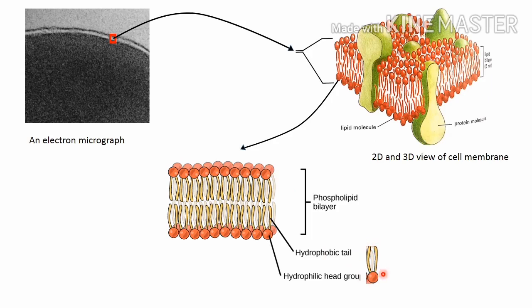This is one phospholipid molecule, and when a number of phospholipid molecules are dispersed in water, they arrange in such a way that their hydrophobic tails come together, whereas the hydrophilic heads are attracted towards the water.